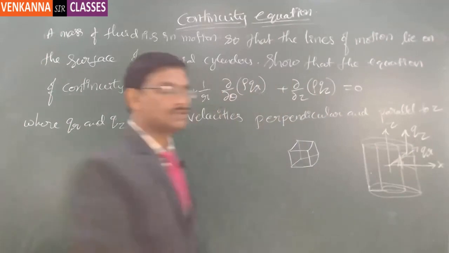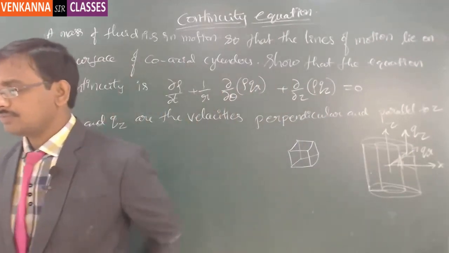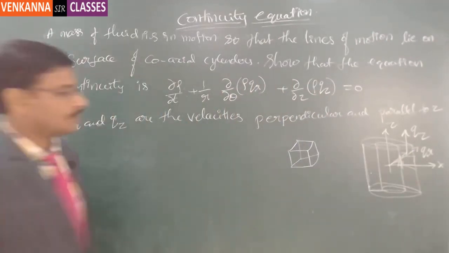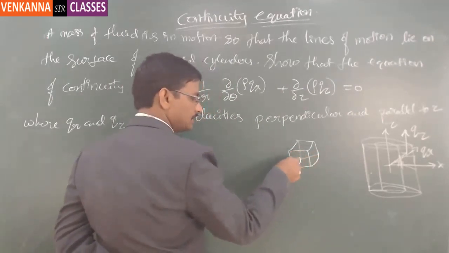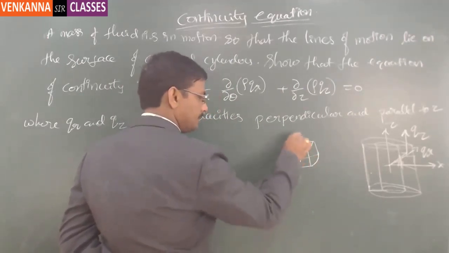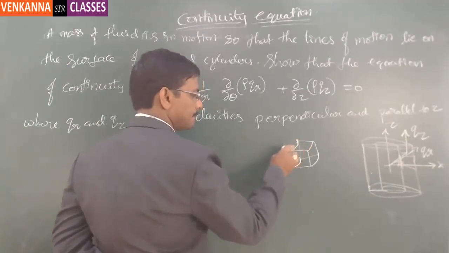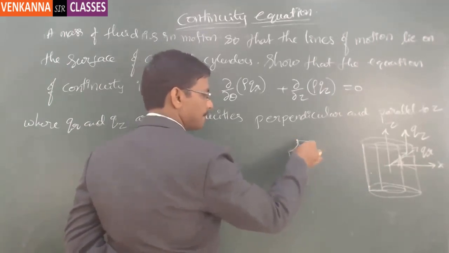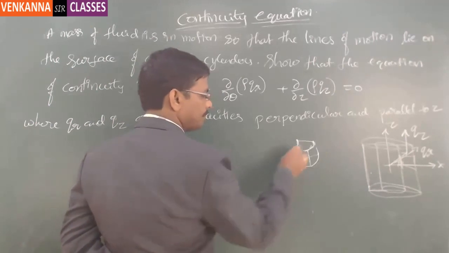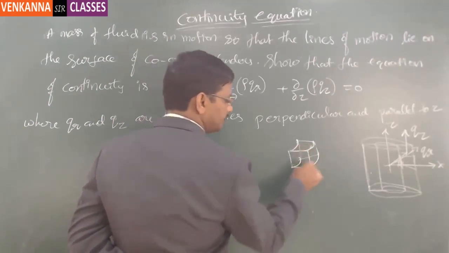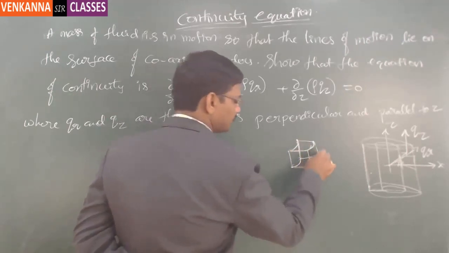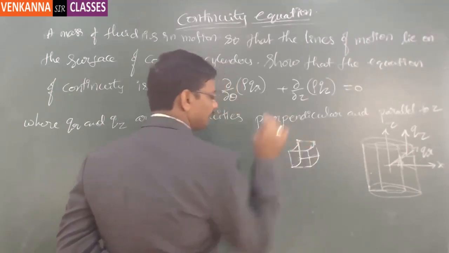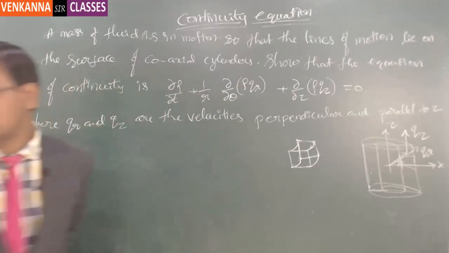This is the kind of shape you are going to get, right? This is circular in nature and this is circular in nature, and this is also circular, but this is a straight line, and this is a straight line. This is also a straight line. So this is the kind of shape, elemental volume, correct?